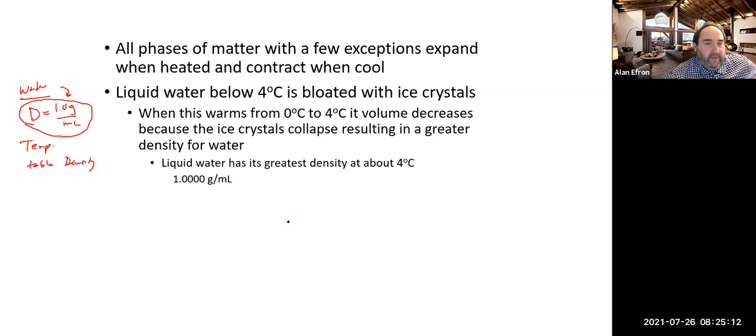So what does that mean? Well, it means that water freezes from the top down rather than from the bottom up, which is really good for life that's swimming around in lakes, oceans, and things like that. So for example, what ends up happening is we get that 4-degree warmer water, and that becomes more dense, so it floats to the bottom.